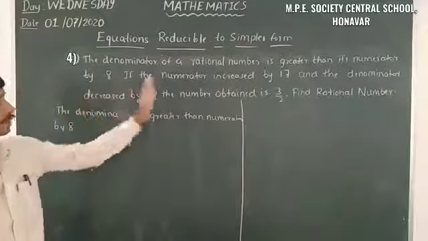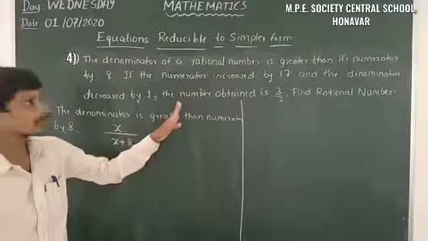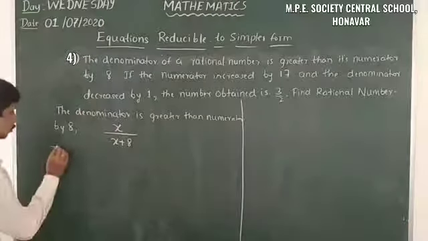Then take the next part. If the numerator increases by 17 and the denominator decreases by 1.